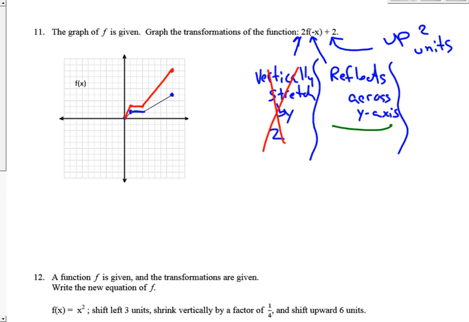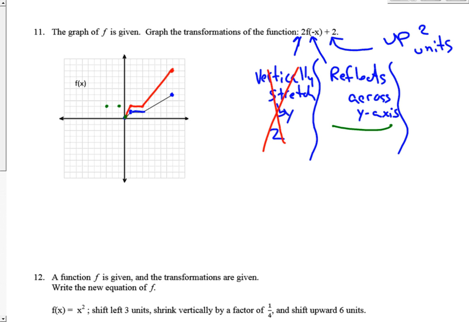My second point, which is at 1, 2, is going to go to the opposite side and be at negative 1, positive 2. And at the end of that horizontal line on the red, that's at 3 comma 2. So I'm going to go to negative 3 comma 2 and draw my point.